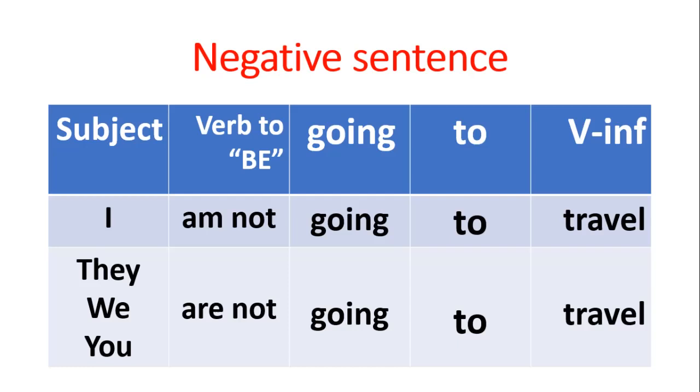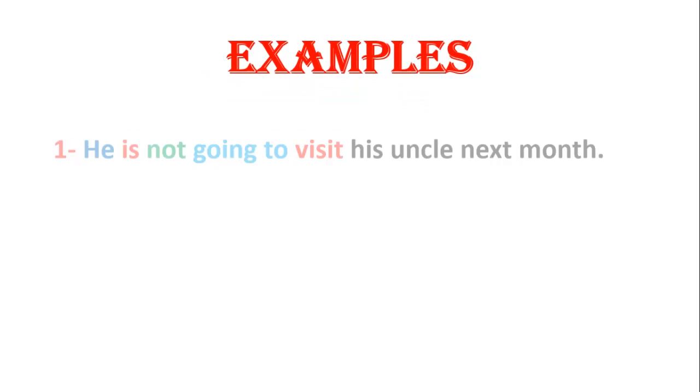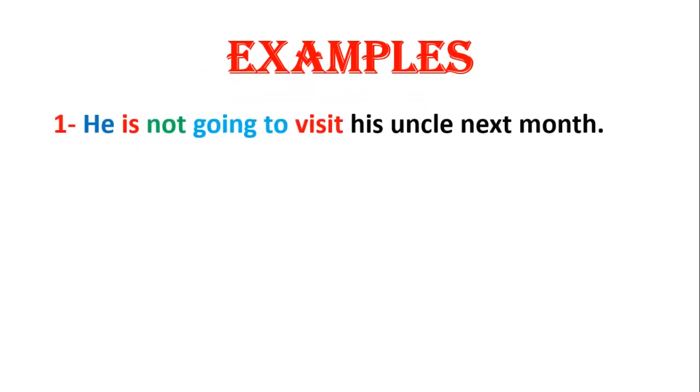Look here, my students, with these examples. Example number 1: He is not going to visit his uncle next month. Here also, we begin our sentence with the subject. After the subject, we use verb to be is, and after is, we use not. He is not, and also I can say he isn't.